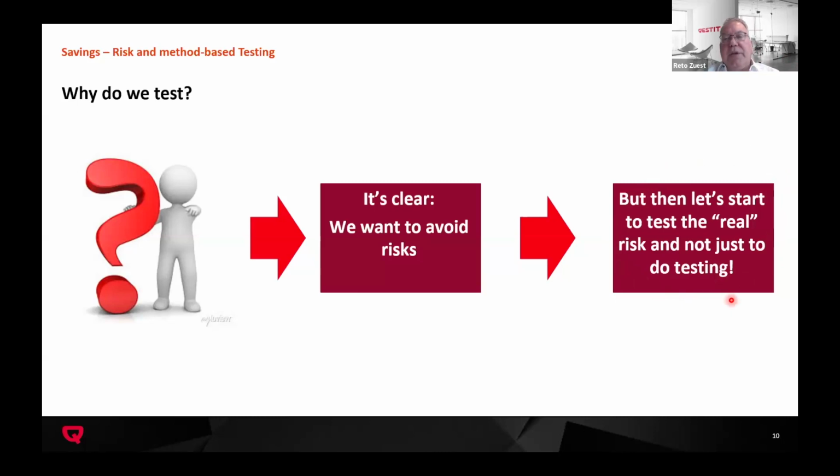It's not bad, but they have no clear consideration of where the real risk of a functionality of an application, of a process, of a system is, and balance the number of test cases based on the real risk. So it doesn't make sense to test something which is really peanuts with lots of test cases. But unfortunately, this is often the situation we meet.